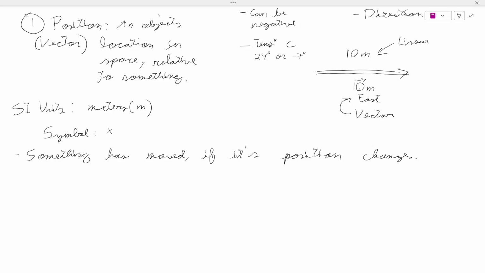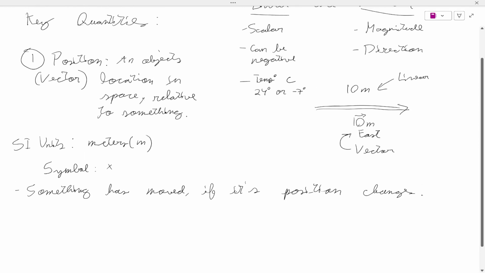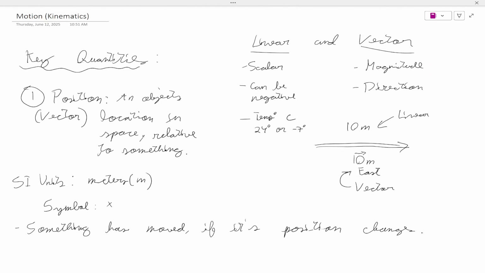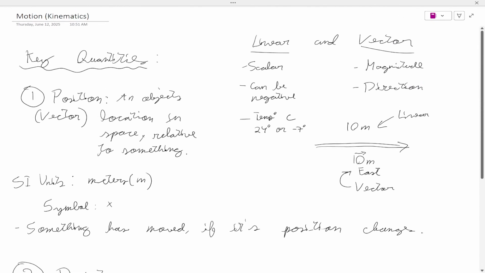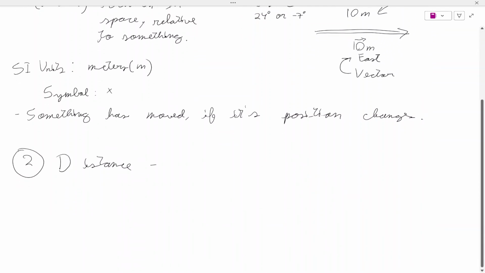Okay. So now that we have that out of the way, let us move on to the second key quantity. So number 2, after position, we have distance. And this goes with another thing called displacement, but I'll be talking about that after. So what is distance? It's very basic, but it really comes down to the linear and vector explanation from before.